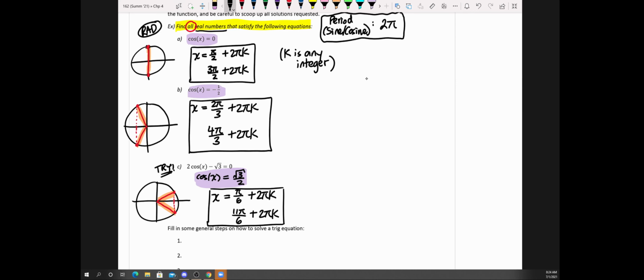Okay, so before I go to the steps, I want us to make a note here on page 1. In the instructions, when it says find all real numbers, it means they want x in radians.